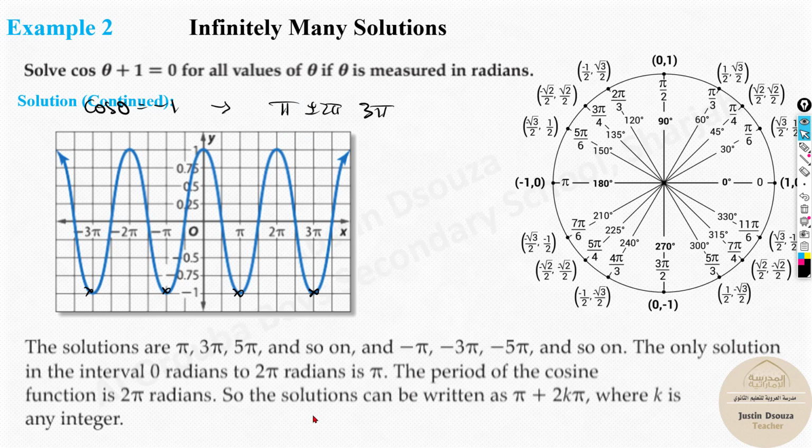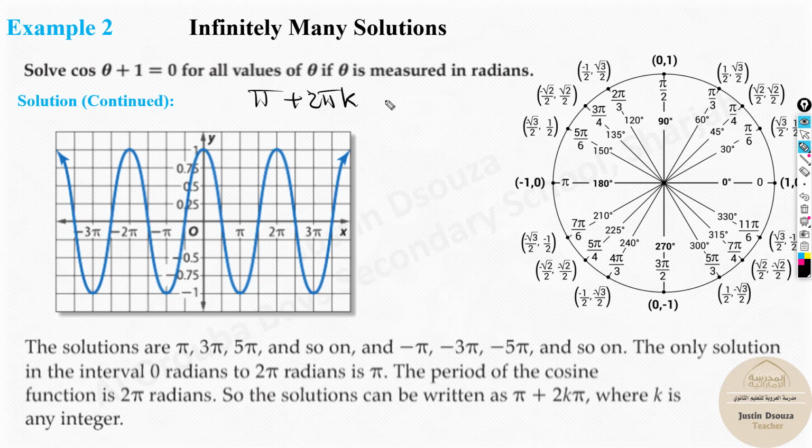So how do we write this? The possible answers are pi, 3 pi, 5 pi, minus 3 pi, minus pi. You can't just keep on writing it. So what we do is write pi because that's the solution, and then plus 2 pi, because it keeps on repeating every 2 pi. K is an integer multiple.